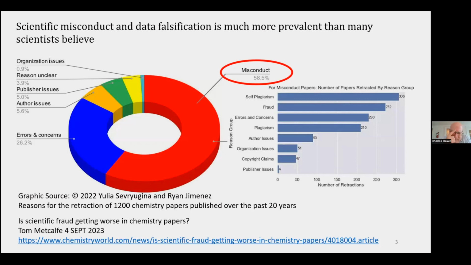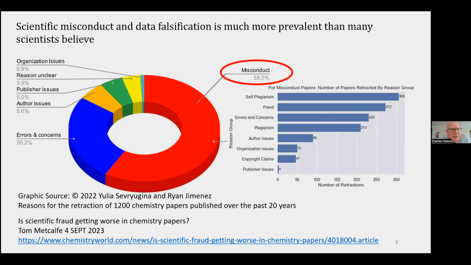And so most of the popular mainstream media attention given to scientific misconduct has focused on biology, but I reference a recent paper that specifically addresses misconduct in chemistry papers over the past 20 years down here.